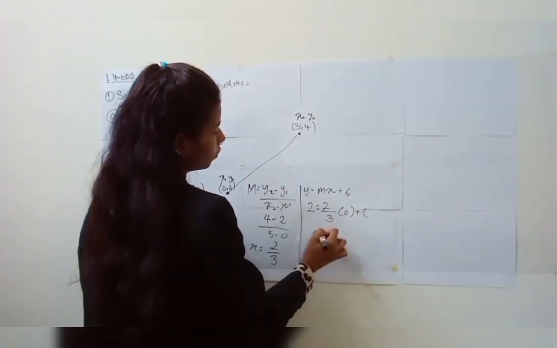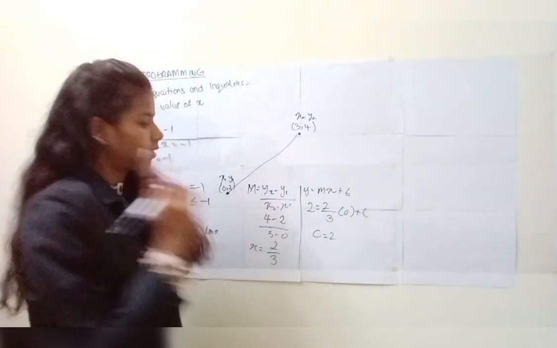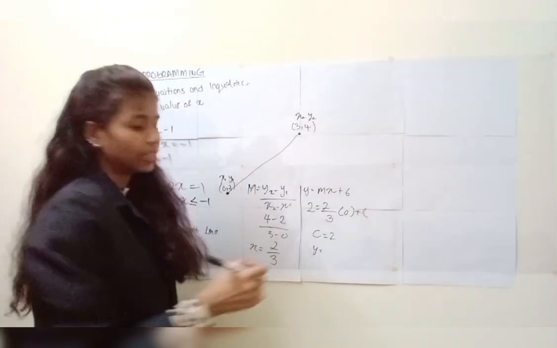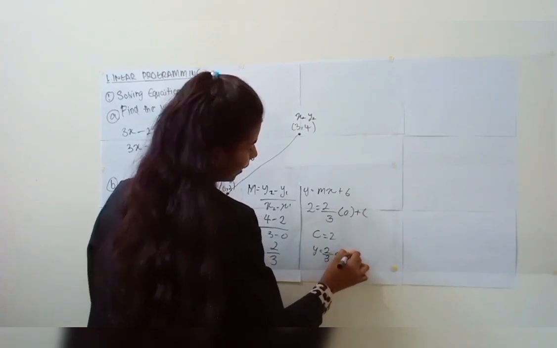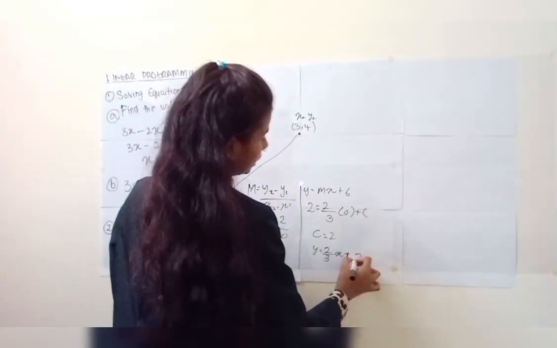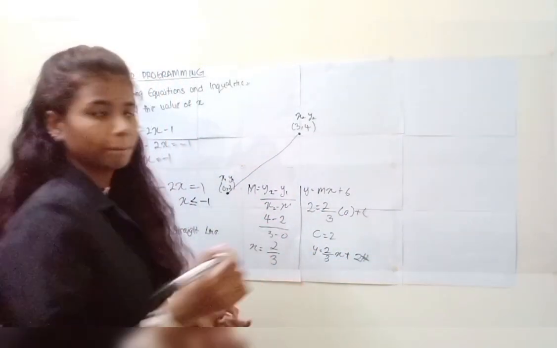So the answer for c is 2, and then the value of y is 2 out of 3 and 2. This one is the answer for value y.